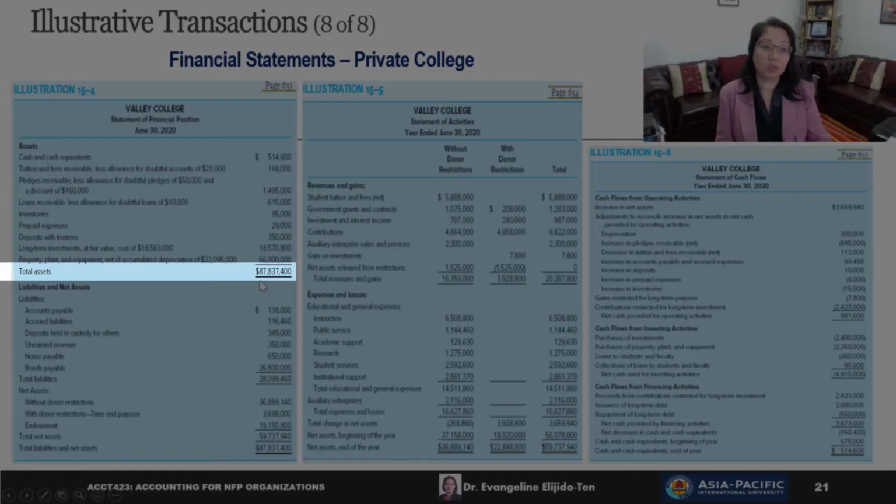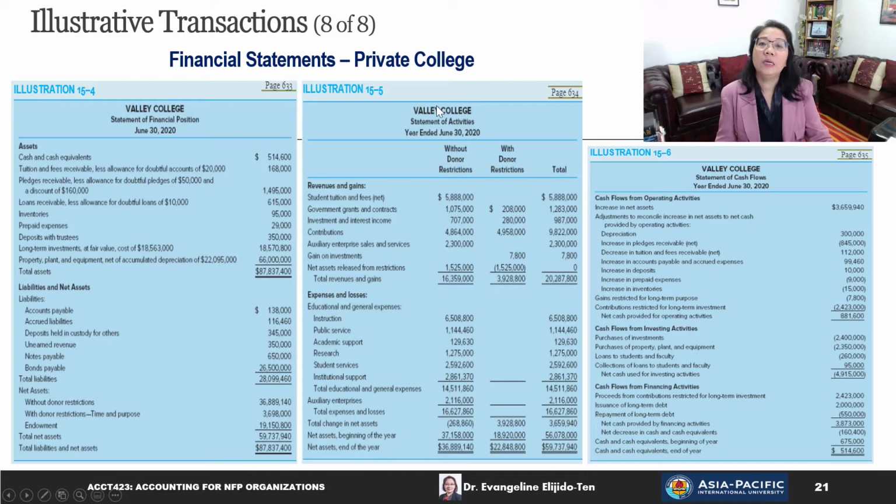the total assets. In terms of the statement of activities, as in topic 12, because private colleges and universities will follow FASB standards, the presentation of their operating statement will have the 3-column format.